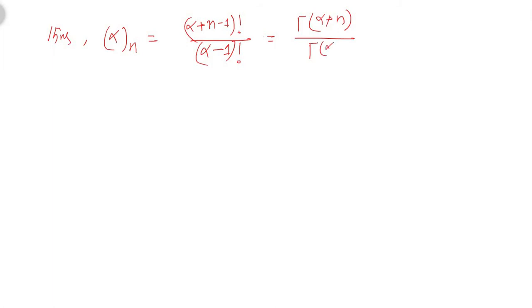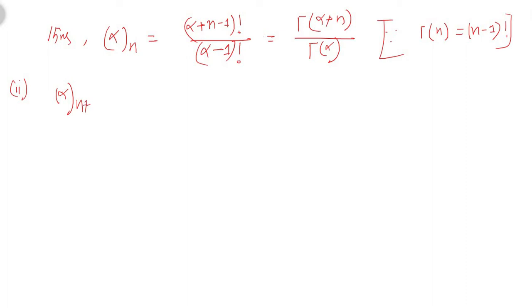Thus alpha n is equal to alpha plus n minus 1 factorial over alpha minus 1 factorial, which is equal to gamma alpha plus n over gamma alpha, since gamma n is equal to n minus 1 factorial.